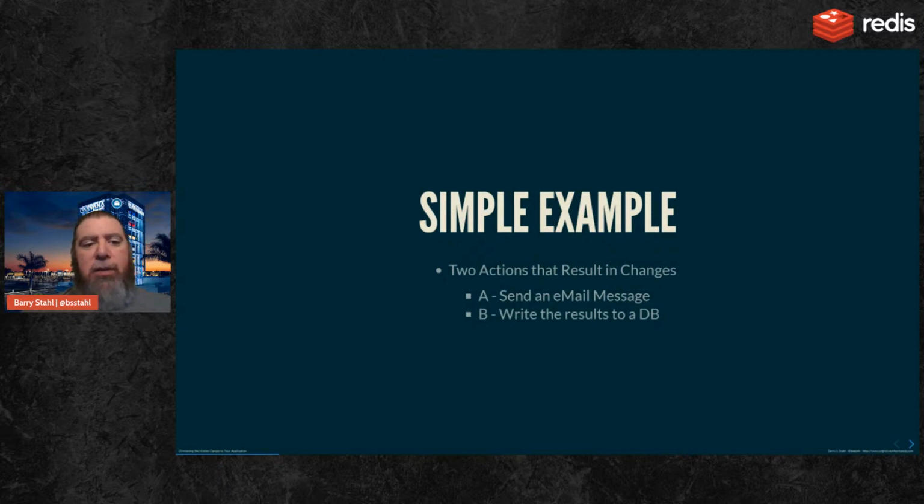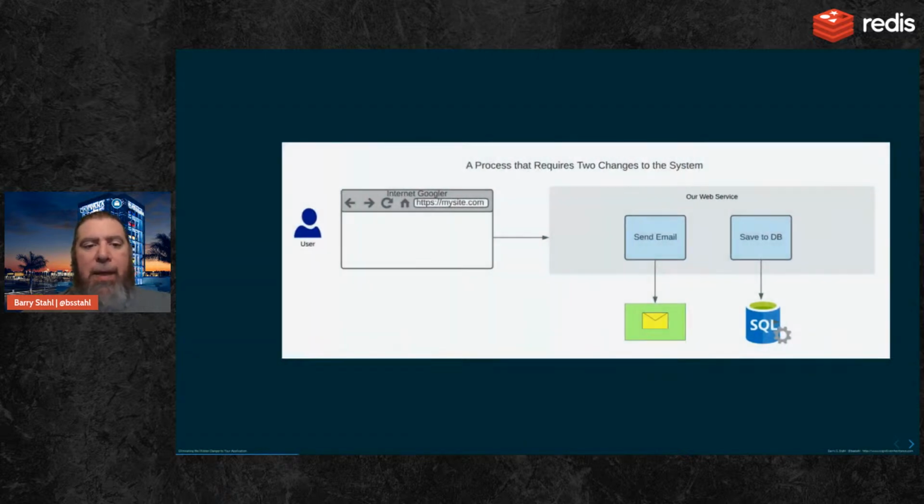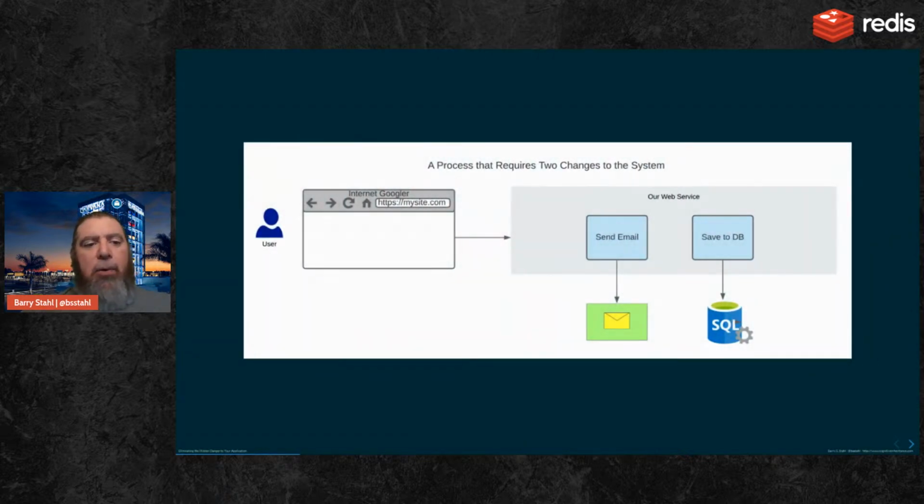So the idea is just to think about it in terms of the fact that it's trying to do two different things. That's the example we're going to carry throughout this presentation. And it might look something like this. We have a web service that is called from a website, and that web service does these multiple things. We're going to talk about how to go about making that happen.